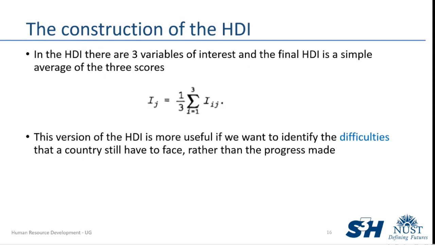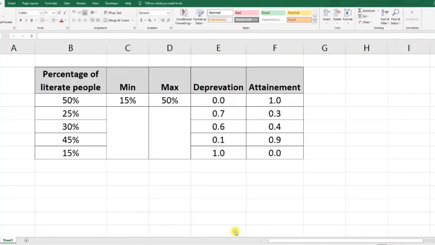Okay, and you calculate it for 3 different sub indices and take the simple average. Okay, to get a better idea about deprivation and attainment indices, I think this is a spelling mistake.